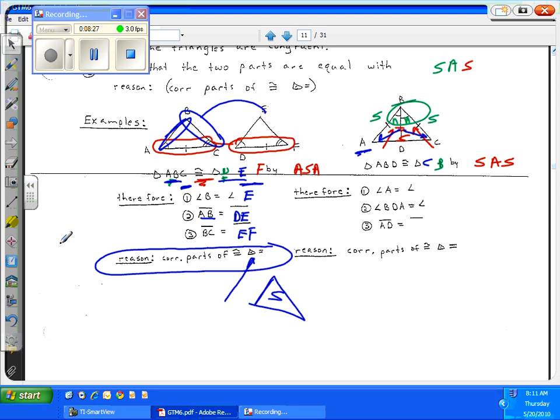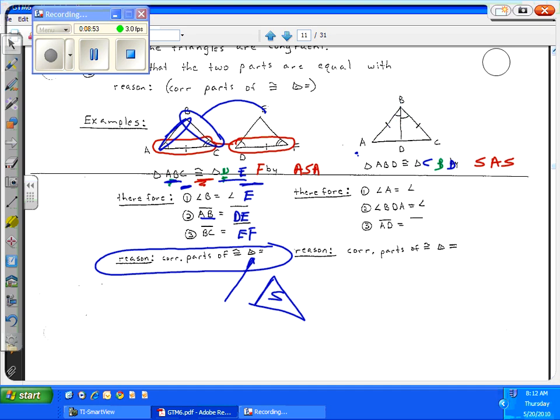And then D, we can see, would be the same. Now, we know that that's going to be 90 degrees because of the isosceles triangle theorem. The bisector of the vertex angle of an isosceles triangle is perpendicular to the base at its midpoint.